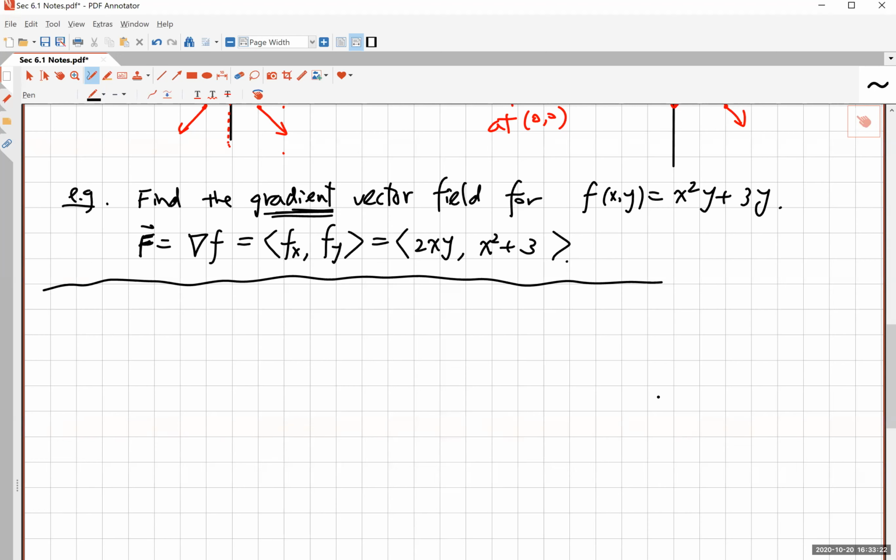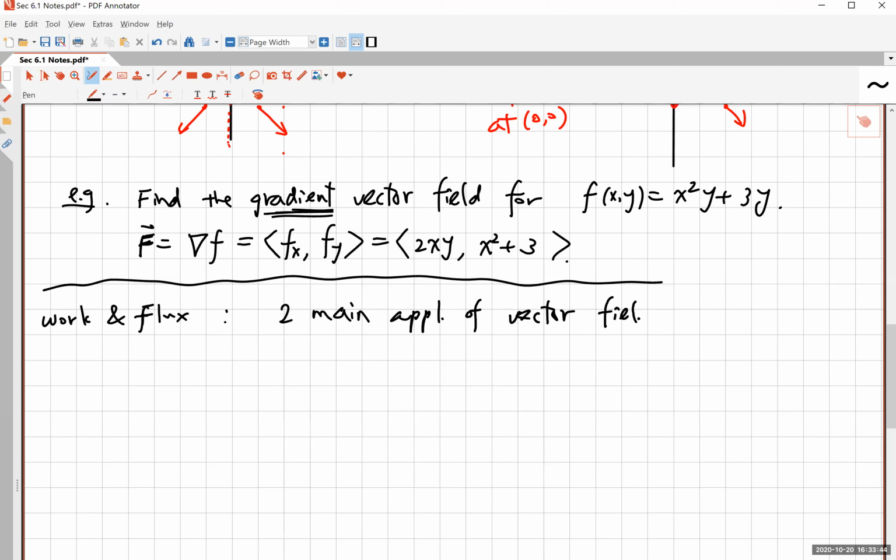All right, so let me explain. Okay, so work and flux. Like I said, these are the 2 main integrals, and both of these have to do with vector fields. So 2 main applications of vector fields.